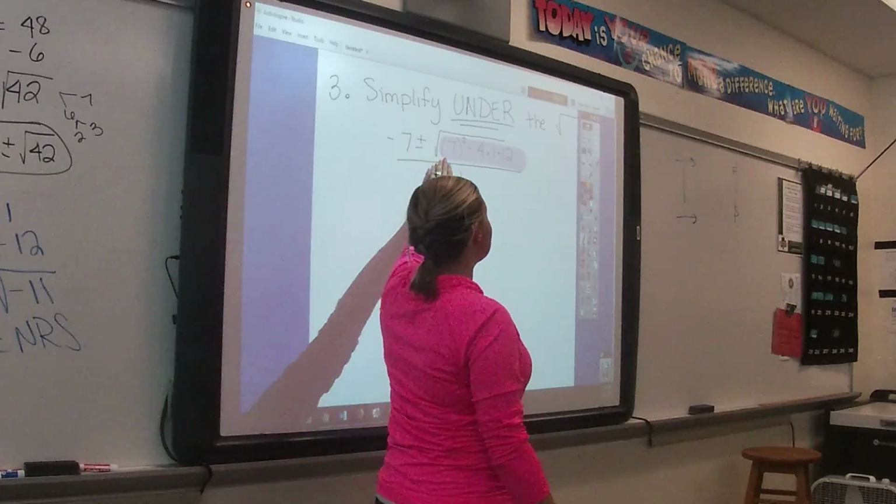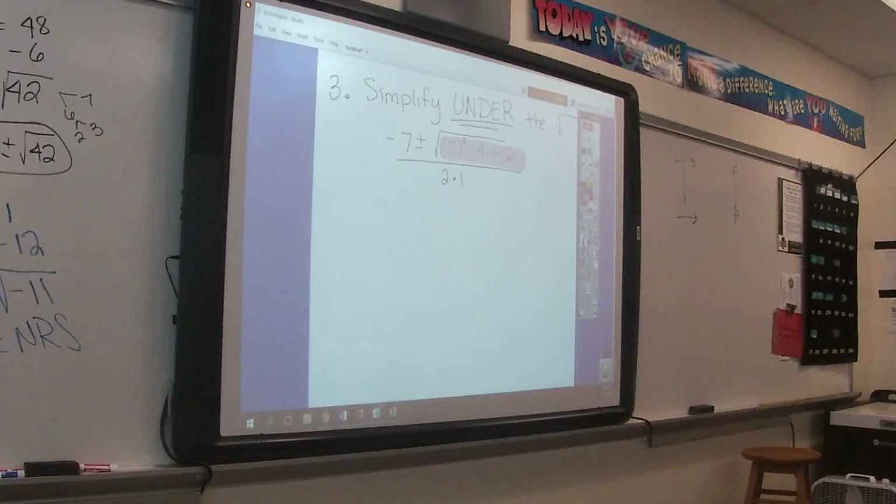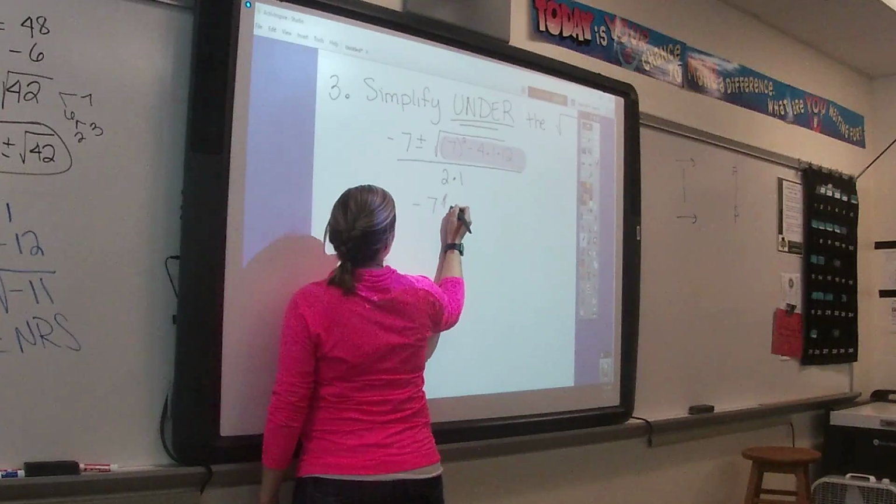You're going to type it in exactly like you see it, not including the square root. Only type in what's under the square root. Then when you hit equals, what number does our calculator say? 1. All that just to get one. So that takes us to here.